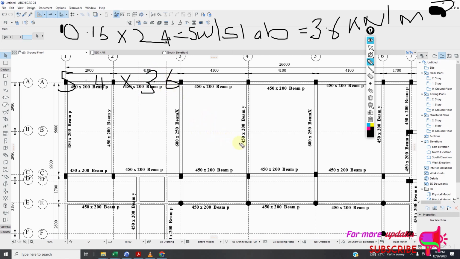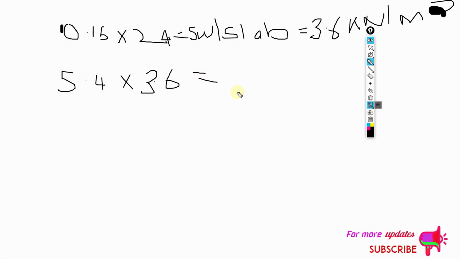So the total load from the slab acting on this beam will be 3.6 multiplied by 5.4, which is approximately 19.44. And that is only the load coming from one slab.